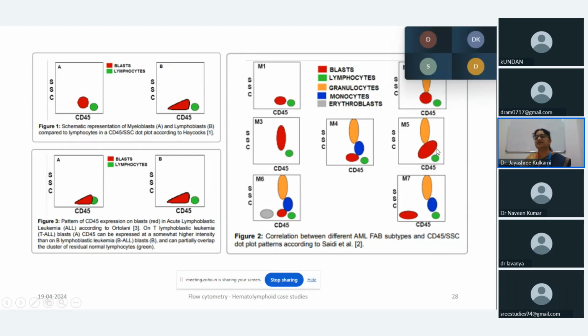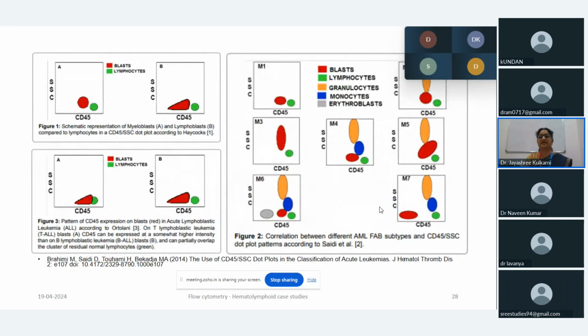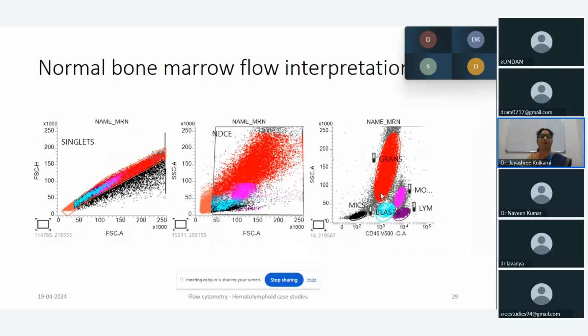M5, so the blasts have gone into the monocytic region, right? That is your M5. M6, so M6 is erythro, so they are not CD45 positive, so they fall in your negative region. Again, M7, they do not take CD45, they typically fall in your negative region. So this is a very useful plot. You can save it for yourself and use it whenever you are interpreting flow.